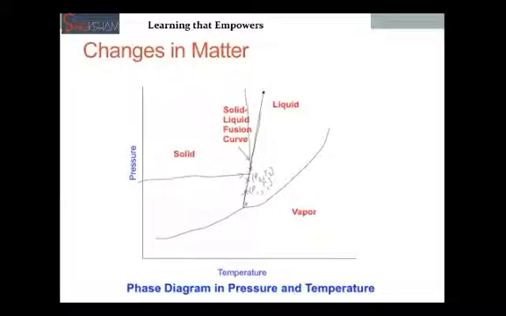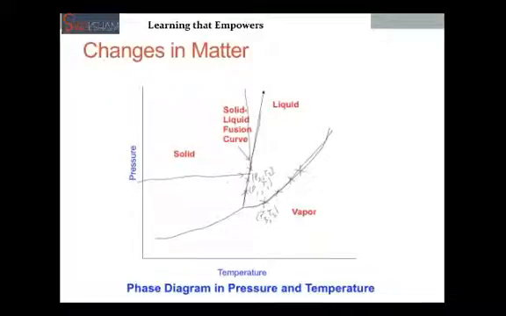Similarly, this line here is the line that goes through every point on this pressure-temperature diagram where water will convert into ice. These are the only points defined by P3 and T3 or P4 and T4 and so on where water will convert into vapor.